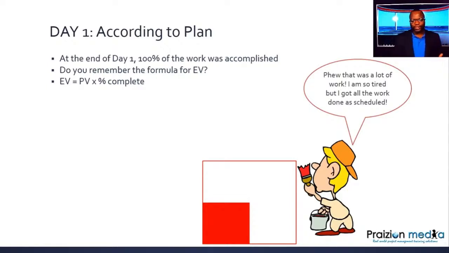So you're looking at this image here and you can see if you're looking at PV alone, you could say, oh, 100% of the PV for day 1 was done. But you could say 1/4 of the BAC was done. You see where I'm going? So you can calculate by saying, oh, 100% of the PV is done for day 1. Or you could say a quarter of the BAC, 25% of the BAC is done. You get what I'm saying?